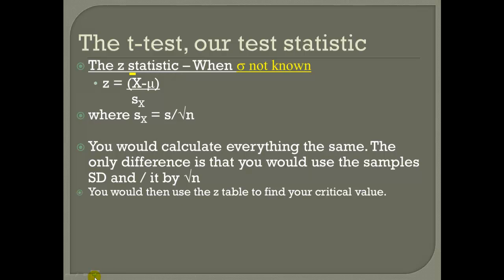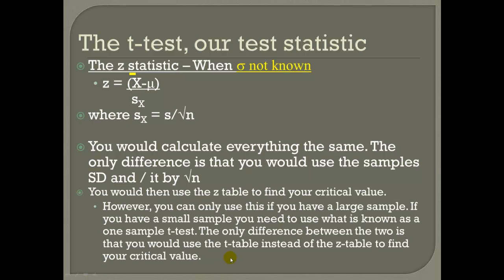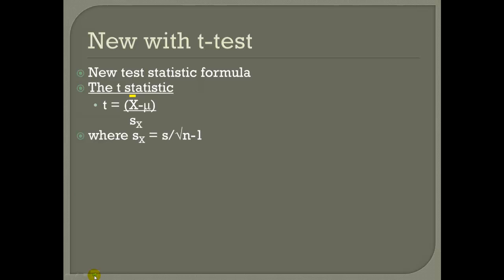Instead, you use what's called a one sample t-test, which is almost the exact same formula. You can see the formula pretty much looks exactly the same. The only major difference is when you're determining your critical value using your alpha level, you actually use a different table to figure that out.